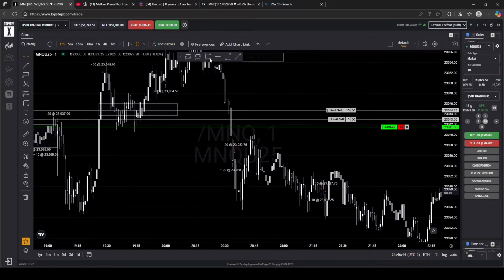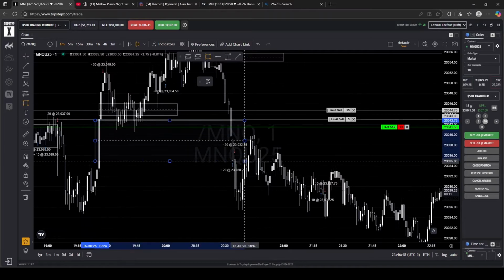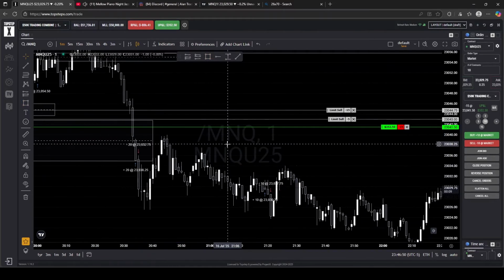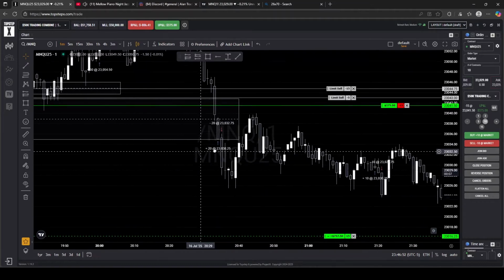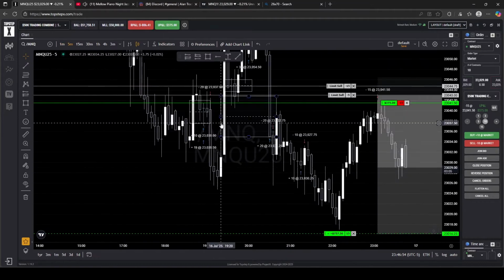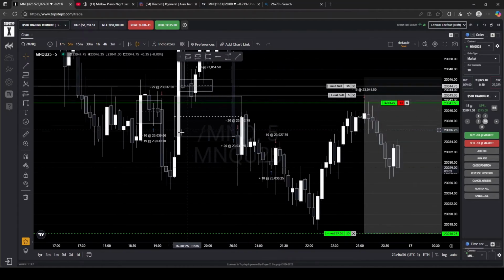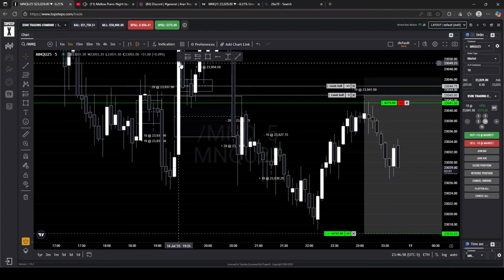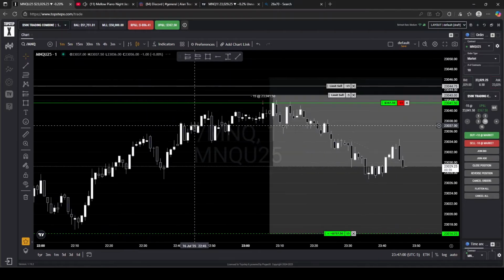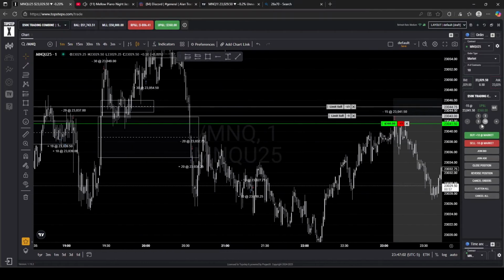So you see how there's a 5 minute paired up with a 1 minute fair value gap right here, this huge candle. So this was my thought process.